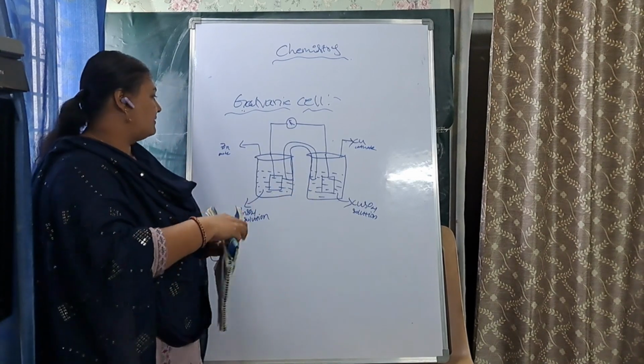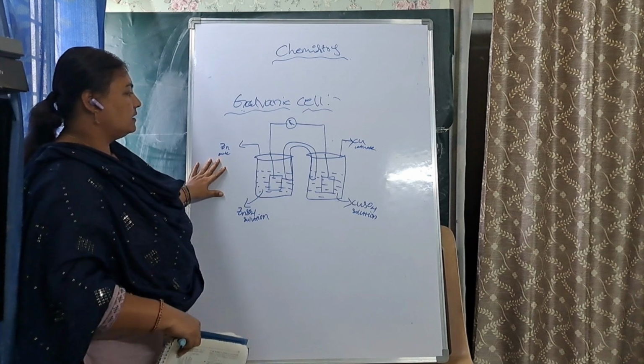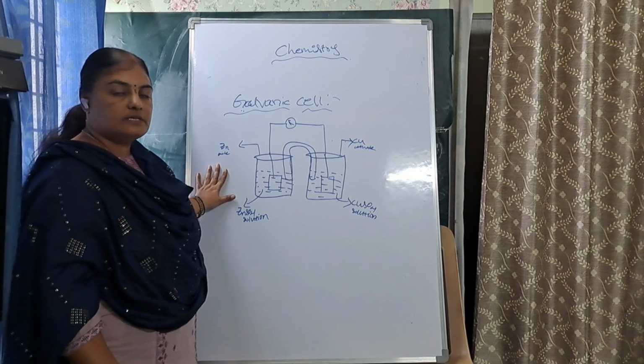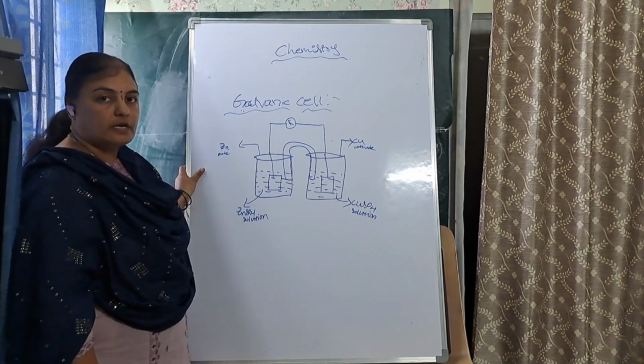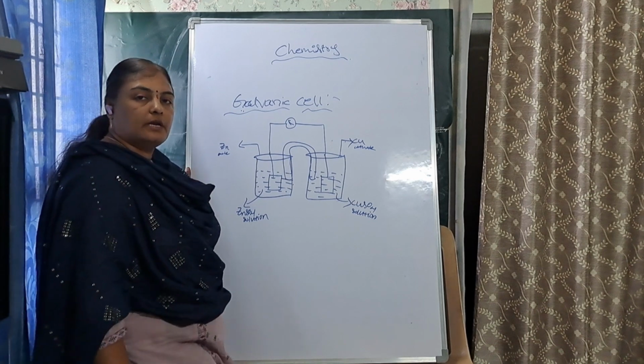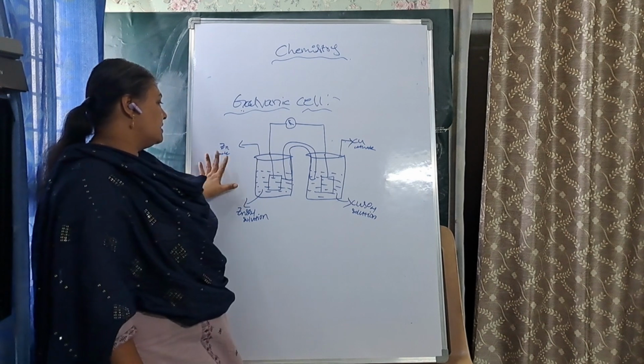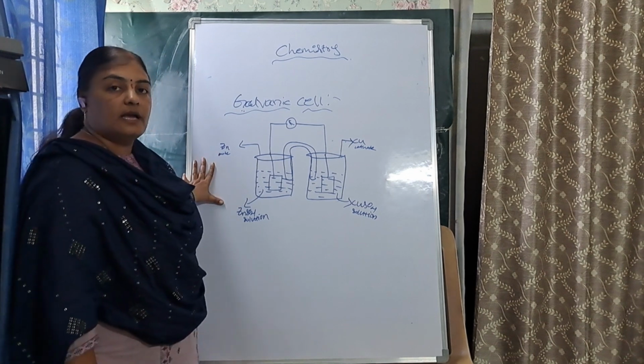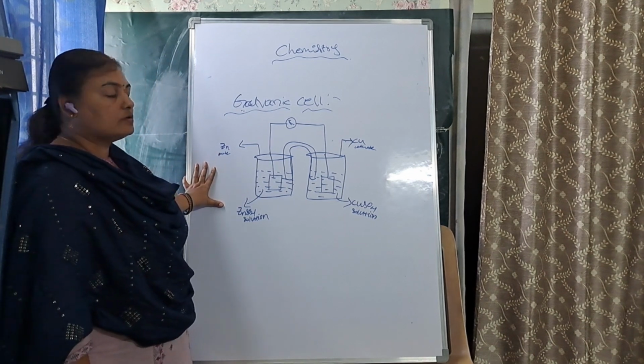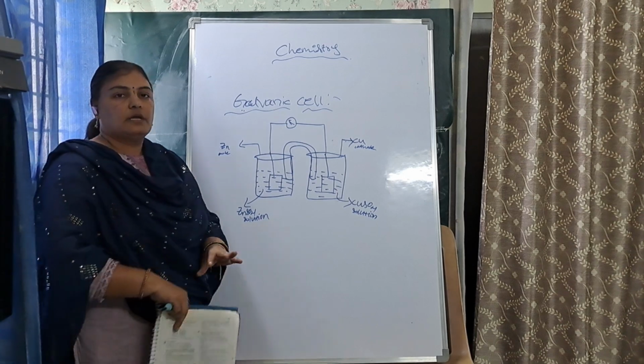So this is the galvanic cell. As I told you, galvanic cell is an instrument which converts chemical energy to electrical energy. In the galvanic cell we have 2 electrodes, one is anode and the other one is cathode.